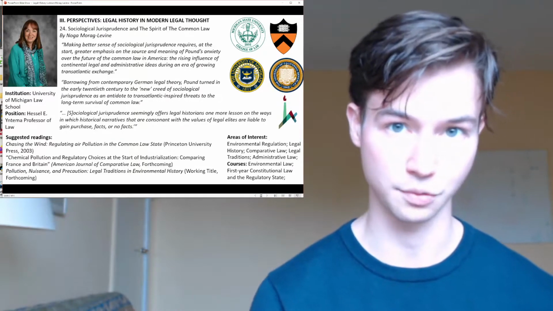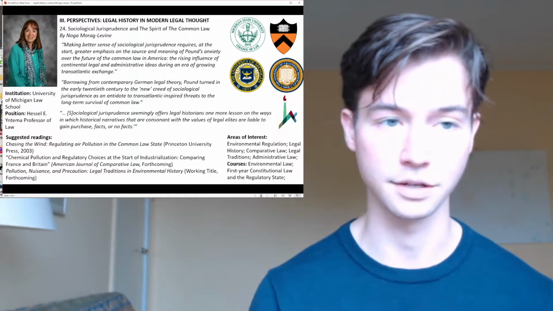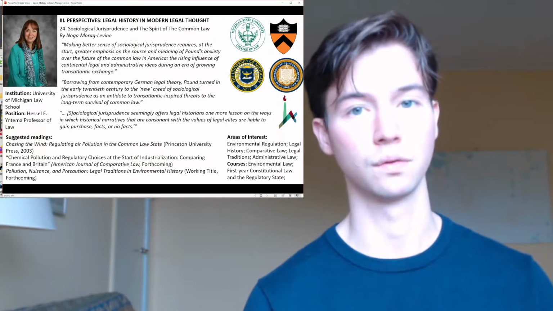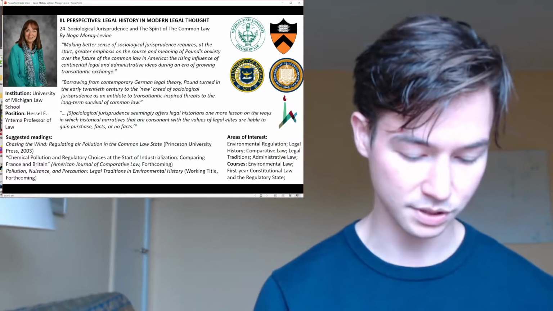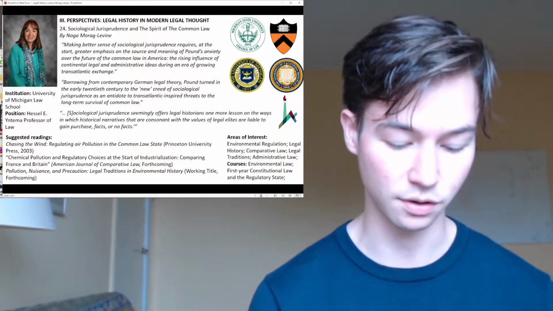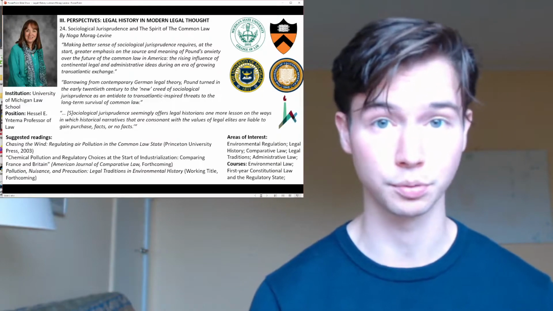Morag-Levine credits it with three major influences, and it came, as we might believe, from Roscoe Pound. The first and most important influence was the displacement of legal formalism and the attendant laissez-faire constitutionalism. So not only realism, but sociological jurisprudence also displaced legal formalism.